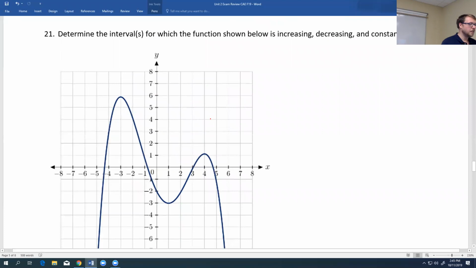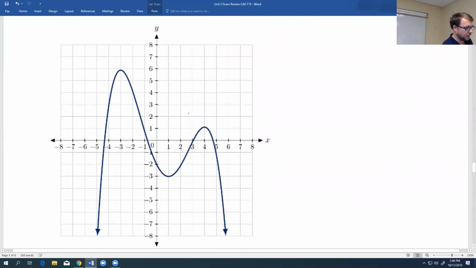Okay. Determine the intervals for which the function shown below is increasing, decreasing, and constant. Well, I'm looking at it and it's not constant anywhere. For it to be constant, you need a horizontal part, and I don't see any of that. If it's increasing, that means if I pick a point and increase x, the next y value is bigger. So you can see here it's increasing up till there.